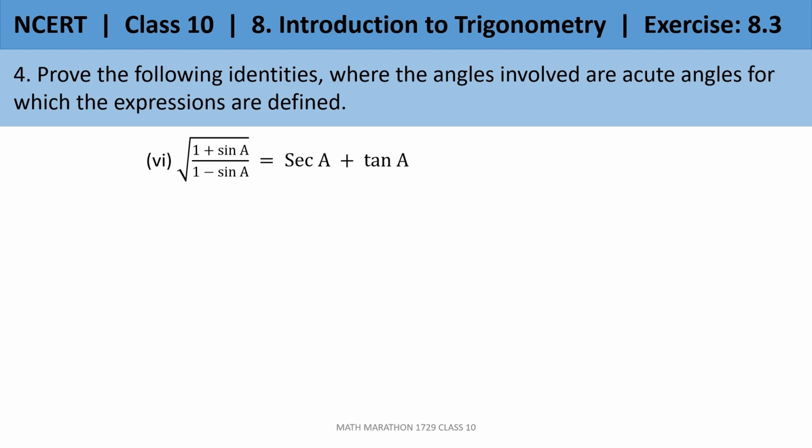Prove the following identity. Section 6. Square root of 1 plus sine A by 1 minus sine A is equal to secant A plus tan A. Let us start with left-hand side.